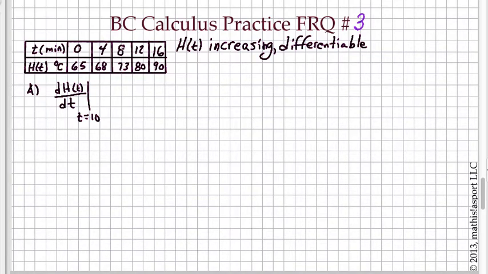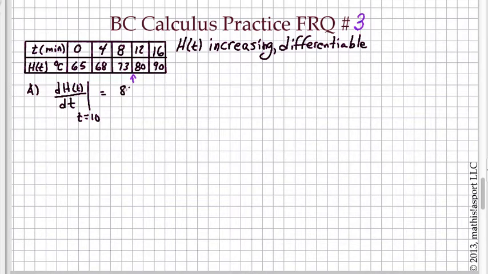And so the best way to estimate dH/dt at t equals 10, right here, sort of midway between the 8 and the 12 value, if you will, is to find how much h has changed from 8 to 12 minutes, divide by the difference between 8 and 12 minutes, and see what we get for an approximation of the slope dH/dt.